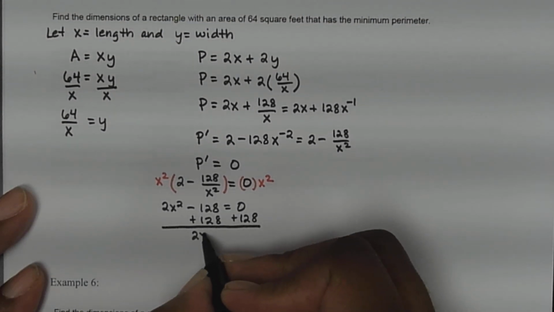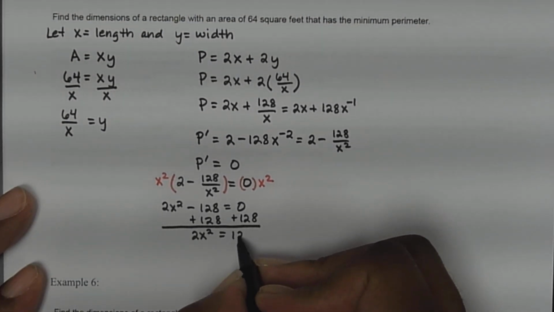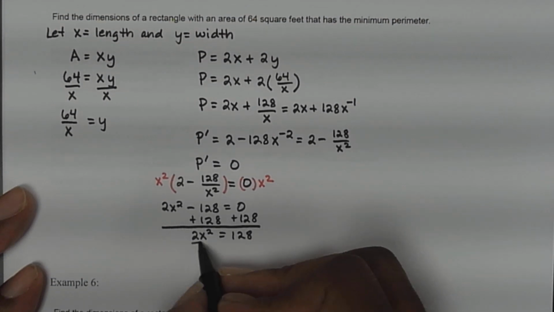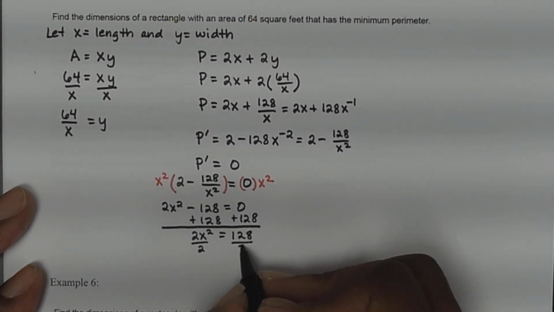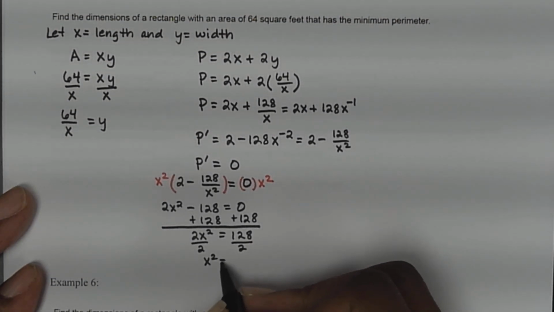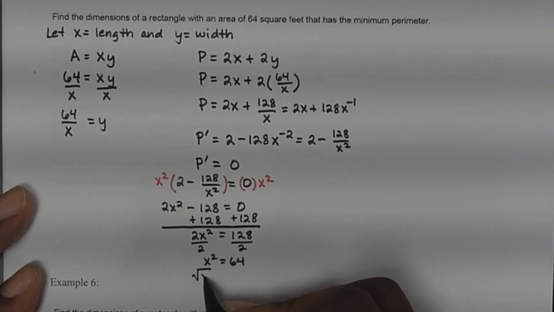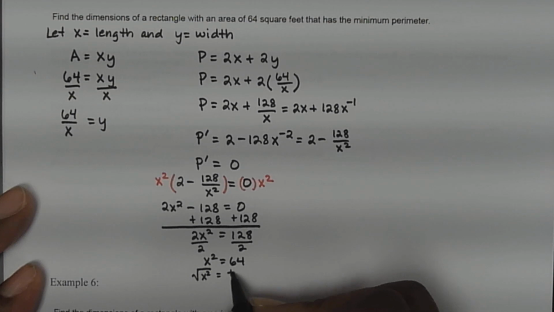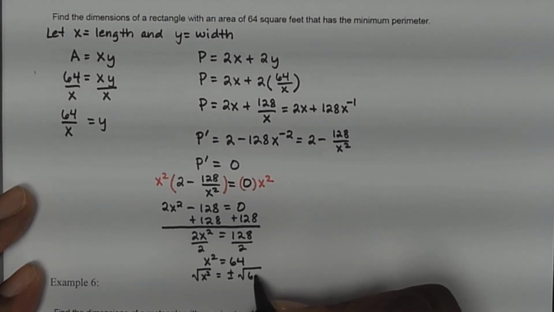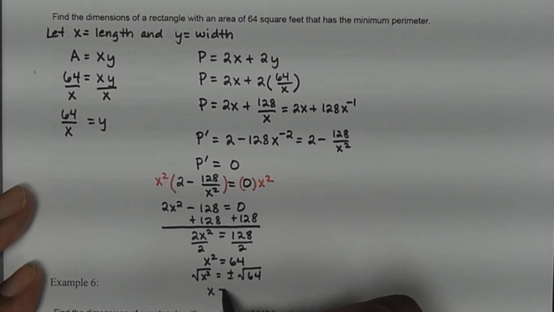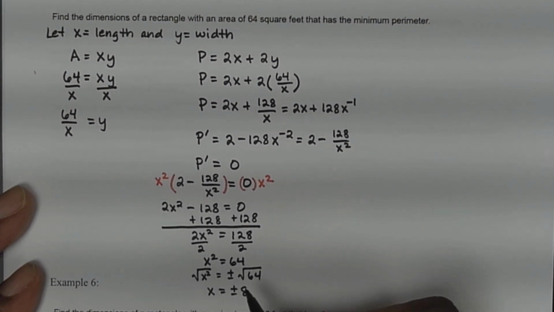So here you get 2x squared is equal to 128. Divide both sides by 2, you'll get x squared is equal to 64. And then take the square root on both sides and include that plus or minus symbol. That would mean x is equal to plus or minus 8.